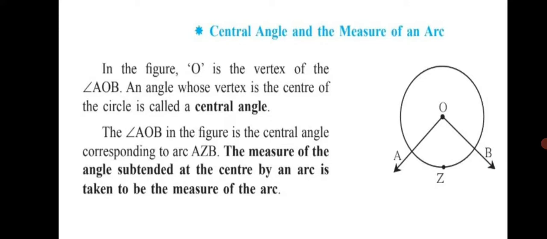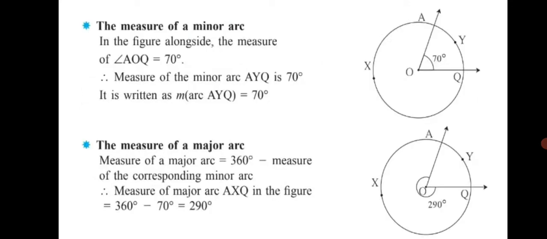So central angle and the measure of an arc we have learned. Next, let's see the measure of a minor arc. As I mentioned just now, in the figure alongside, the measure of angle AOQ, which is equal to 70 degree, will also be the measure of the minor arc AYQ.